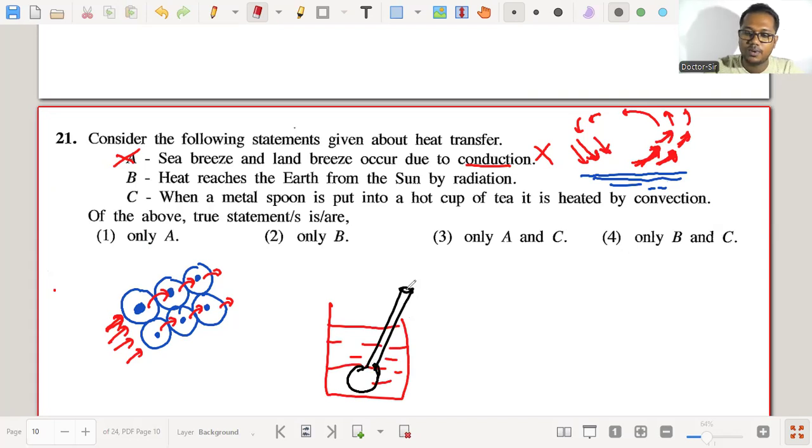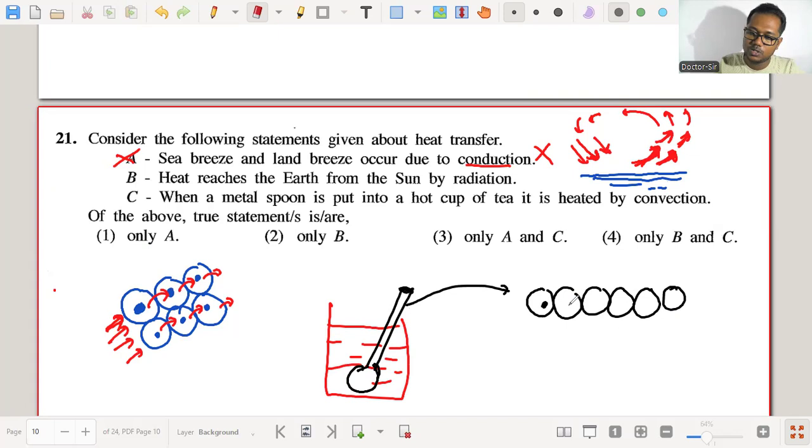Your spoon is made of atoms. If one end of the spoon absorbs the heat from the hot cup of tea, the heat will be transferred molecule by molecule to the other end.